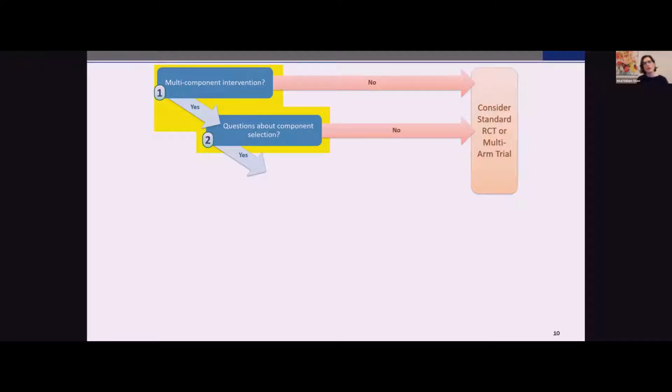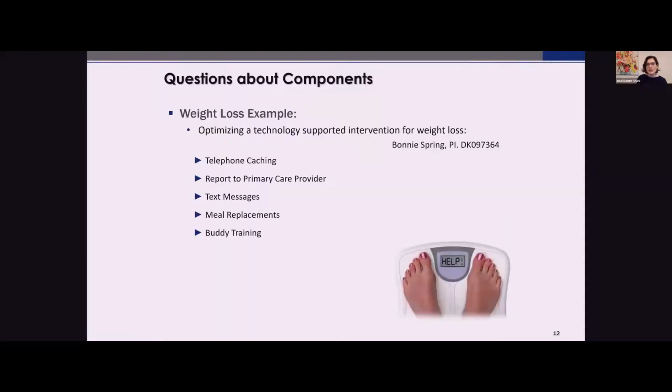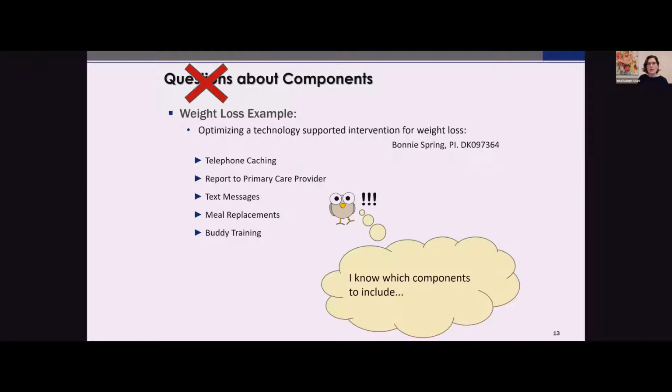Here in question number 2, we need to ask ourselves, do we have scientific questions about the selection of intervention components? Sometimes we don't, because sometimes we have all the empirical evidence that is necessary to put together a high quality intervention package. Let's assume that Bonnie knew that all 5 components should be included in the intervention package.